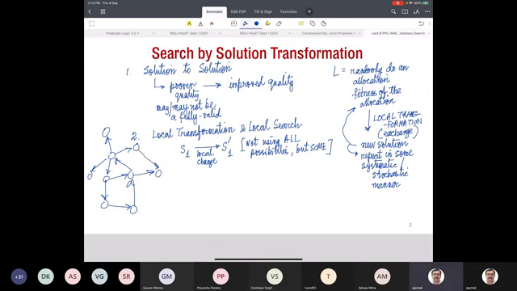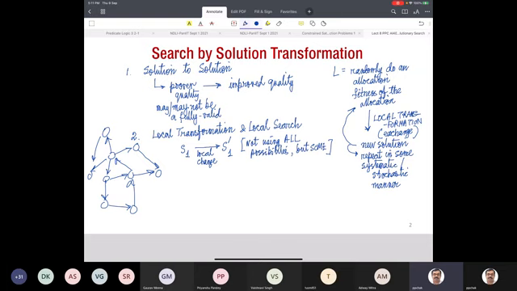Each of them is a goal, but one goal may be better than another goal. So you move in this space, and how do you intelligently move in this space? We do a random allocation and then a local transformation. Again, we look at what we have obtained, and go on doing this in some manner.